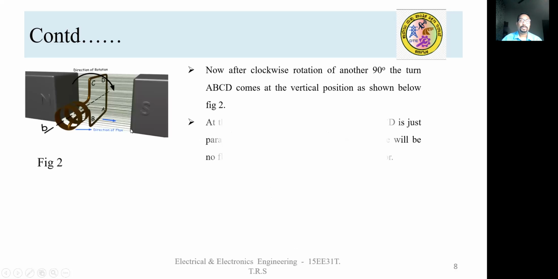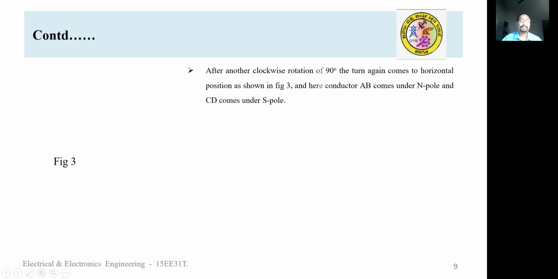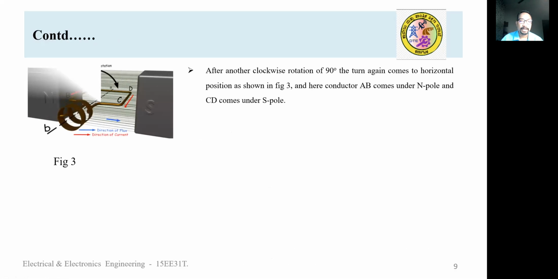Okay. Now in this diagram, observe carefully. Coil sides CD and AB have interchanged their positions. Previously, coil side AB, which was under the influence of S pole, now goes to the influence of N pole. Whereas CD, previously under the influence of N pole, now comes under the influence of S pole.